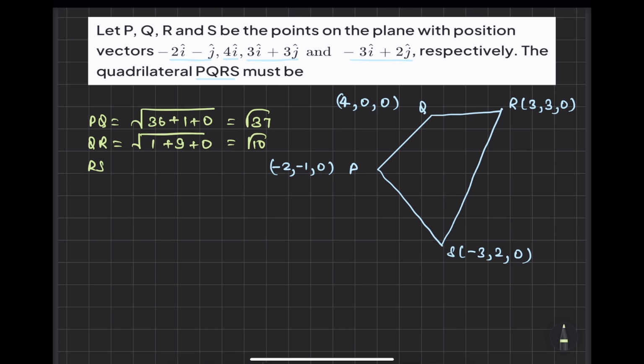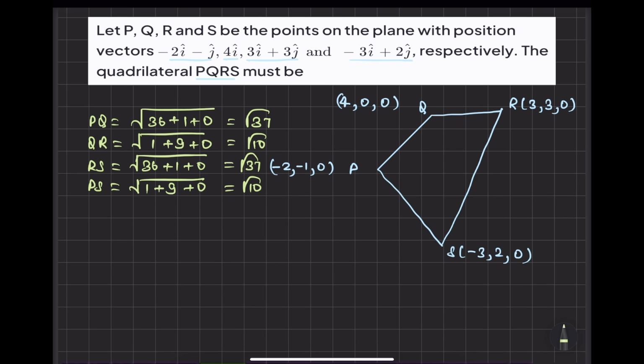Then RS. Again find the distance. 3 minus minus 3 is 6, 6 square is 36. Then 3 minus 2 is 1, 1 square is 1. Then we have 0. So it is root 37. Then PS. So PS is what? -3 plus 2 square is 1, and then 9, and then 0. So it is root 10.